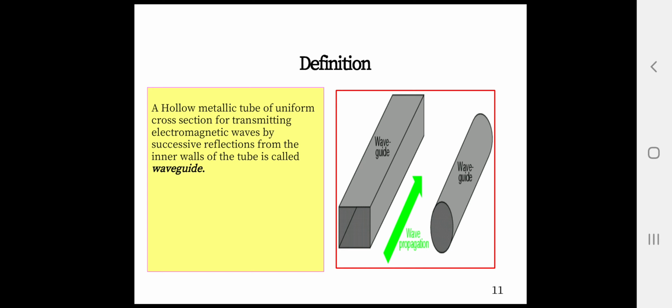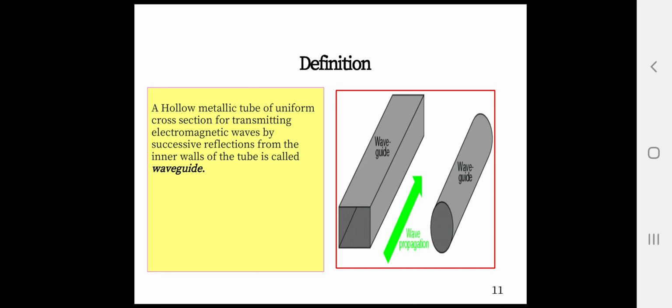If the cross section is rectangular, then it is called a rectangular waveguide. How can you define a rectangular waveguide? A rectangular waveguide is a hollow metallic tube of uniform rectangular cross section for transmitting electromagnetic waves by successive reflection from the inner wall of the rectangular tube.